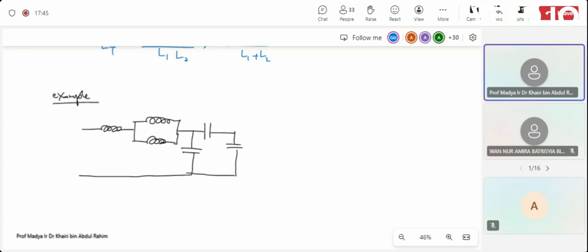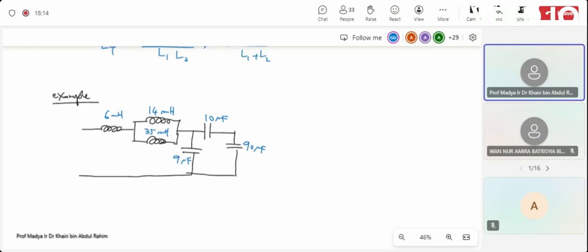Let's say this is 6 millihenry, this is 14 millihenry, this is 35 millihenry. This is 9 microfarad, this is 10 microfarad, and this is 90 microfarad. Okay, try.